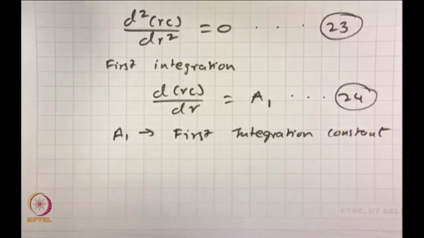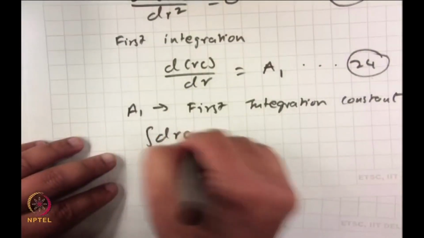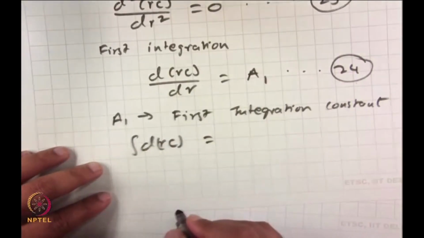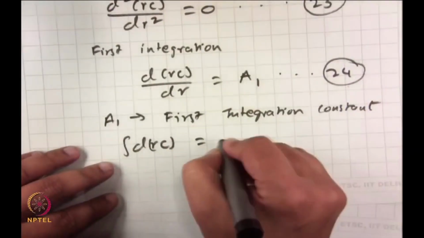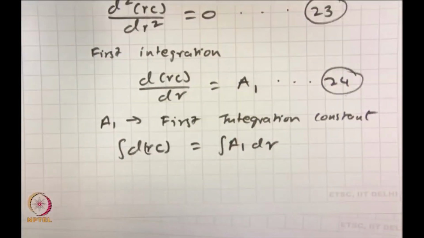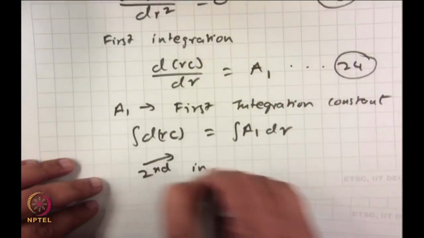Good. Now, we integrate again, we do the second integration. So, what we have now is d of r c is equal to a 1 dr. This is your second integration.